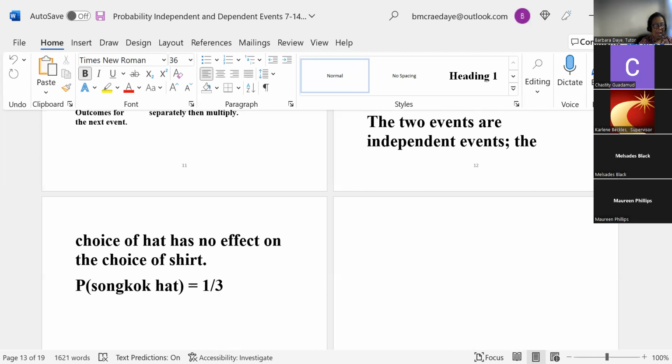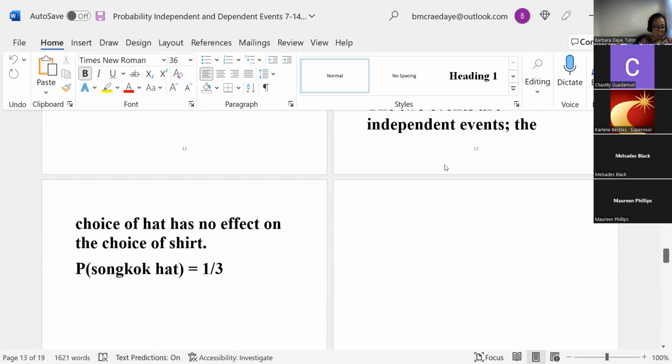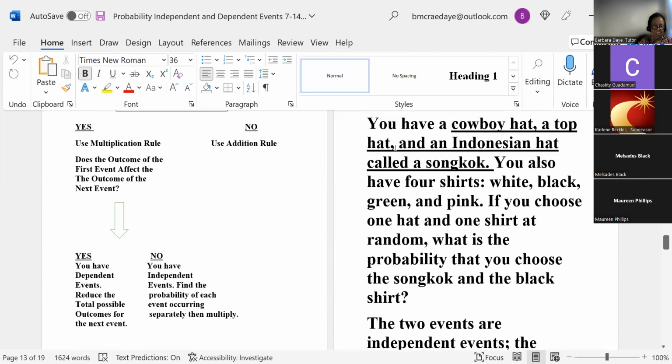All right. Now we want to get a black shirt. So let's go to the probability of a black shirt. Now, Maureen, how many shirts are there? Let me go back up here so you can see it. How many shirts are there?